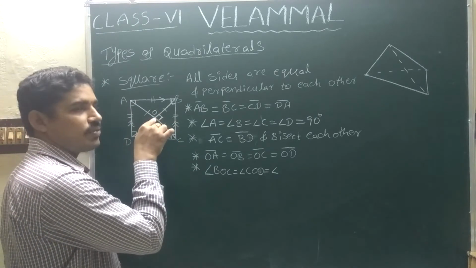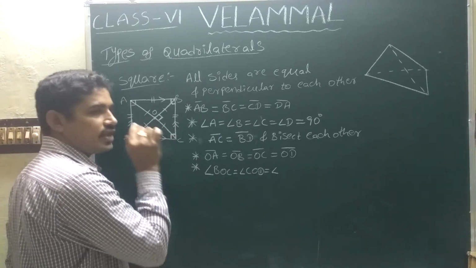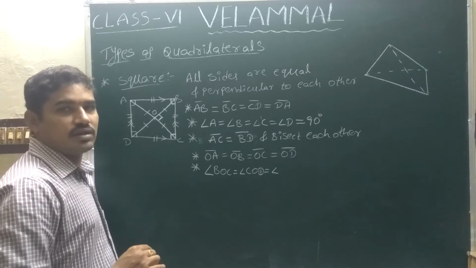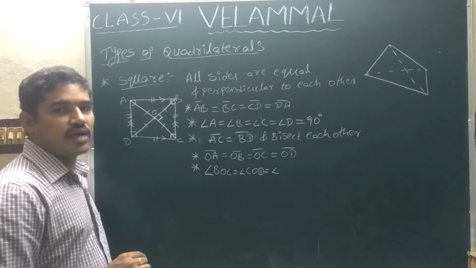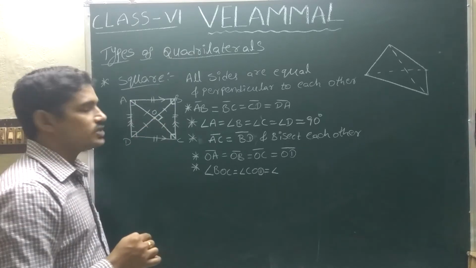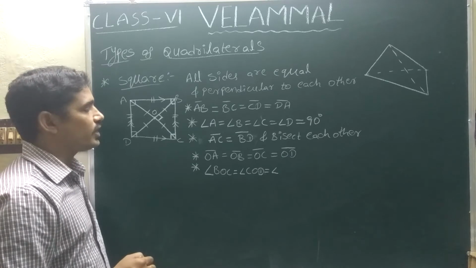So at the midpoint of the diagonals, the angle will be 90 degrees. It is a very important point you need to remember. A quadrilateral having 90 degrees at the intersection point of the diagonals, we can say one example is a square.